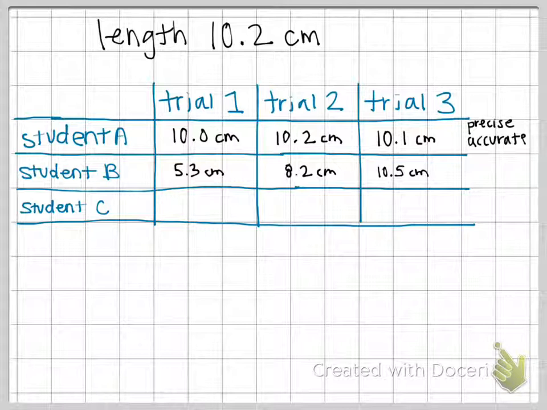So even though one of the trials is kind of close to the accepted value, they're not close at all together, and if you averaged them out, it would not be close to 10.2 or our accepted value. So student B numbers are not close to each other, so it is not precise. And is also not accurate because the values do not average close to the accepted value.